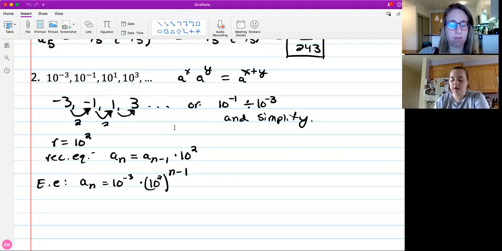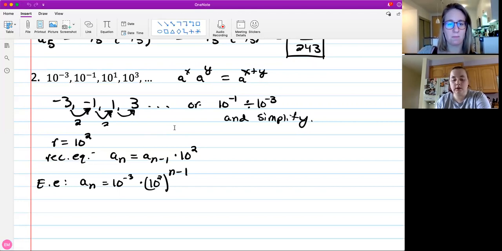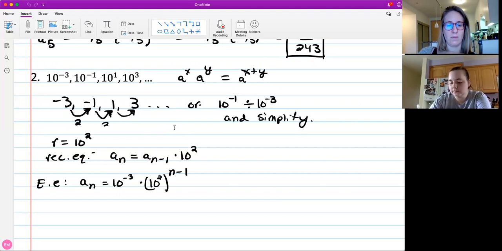Cool. All right, to find the fifth term in the sequence, we actually know what the fourth term is, so we could use our recursive equation to do that. So a_5 is equal to our previous term, a_4, times 10 squared.